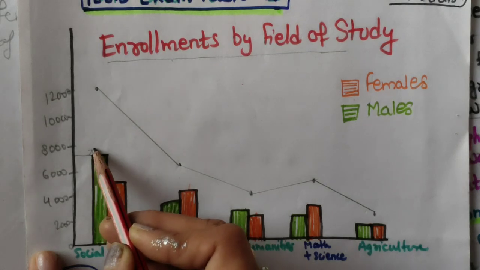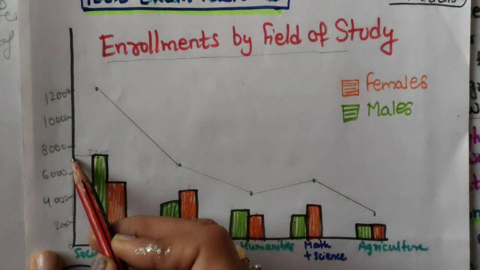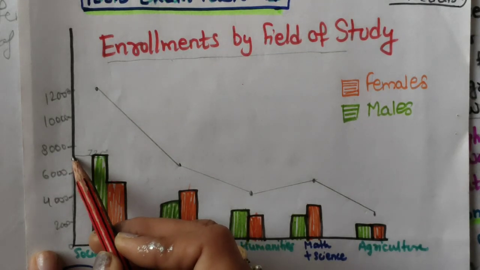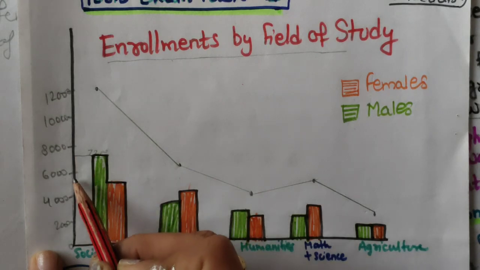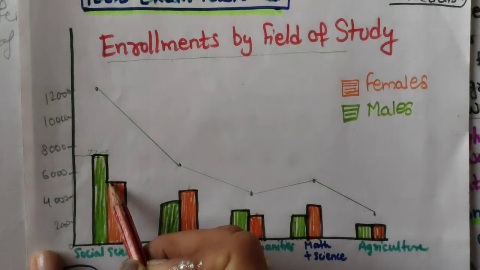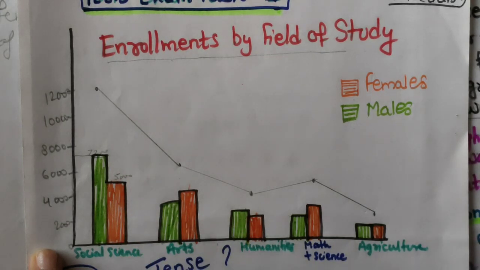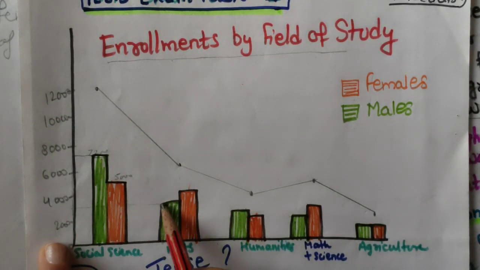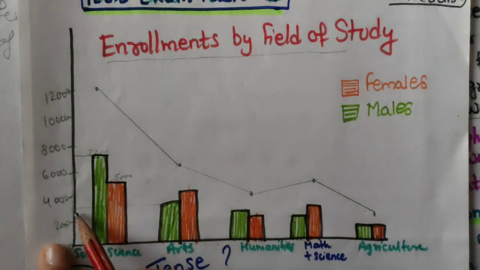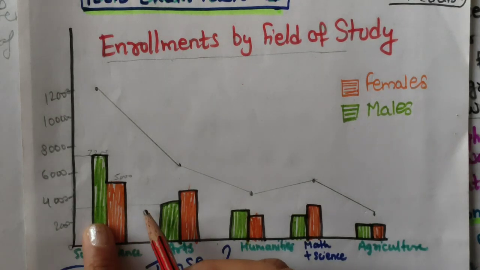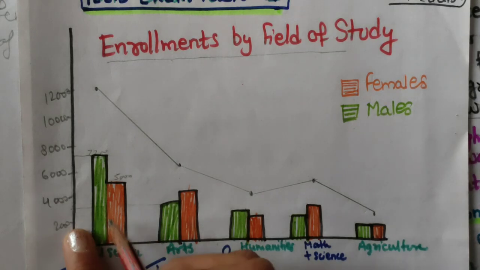Either you can go 7,200 or approximately, just above 7,200 you can write, and this is just above 5,000, or roughly 5,000 you can say. You have to mark it like that, how I am doing it. You have to find out the numbers, figures.